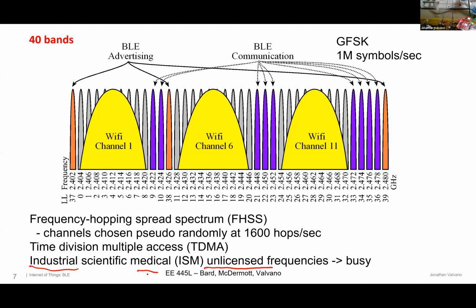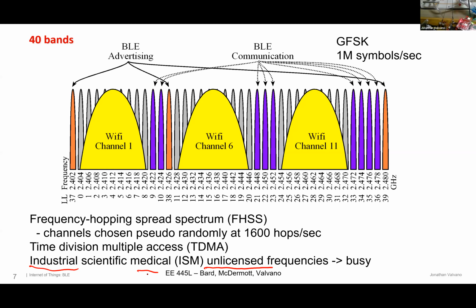The other thing here is that if you're coexisting with Wi-Fi channels, there are some channels which don't overlap with Wi-Fi, and those are the purple ones.